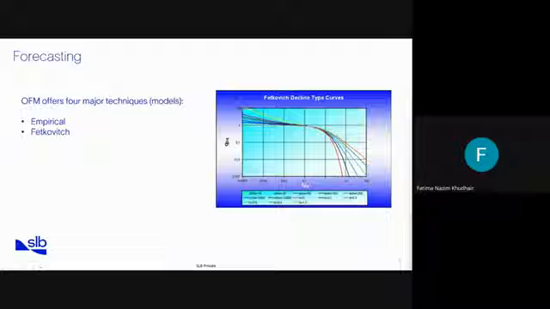Simply, empirical here is a method based on mathematical equations, to be specific, Arps' equation. This one will use interpolation that will interpolate the already existing data and make its prediction based on your historical production data.